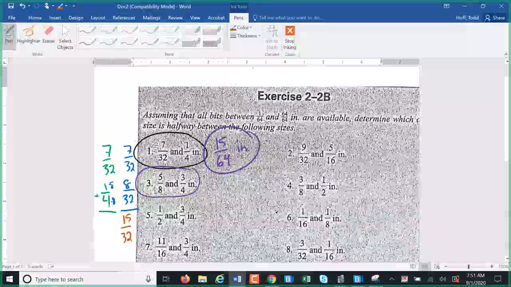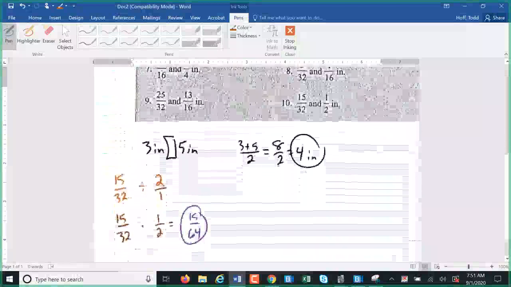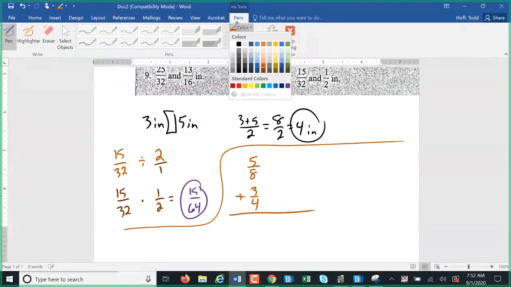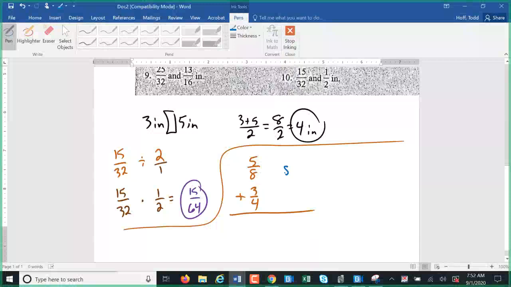So between 5/8 and 3/4. We're going to add those together. Common denominator is going to be 8. So we keep the 5/8. 3/4 turns into 6/8. So we add those to get 11/8.